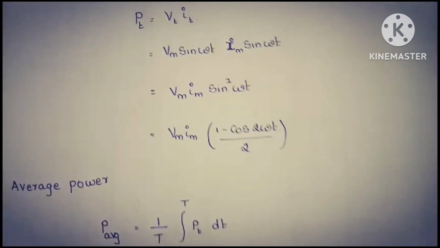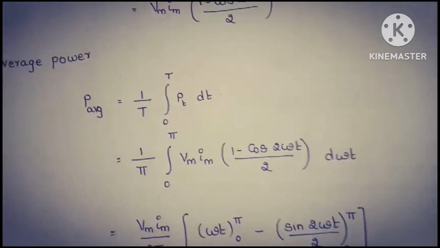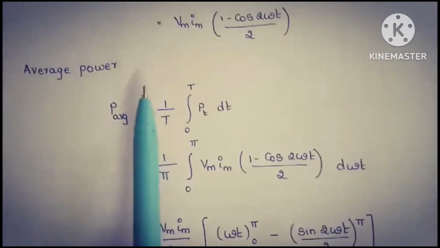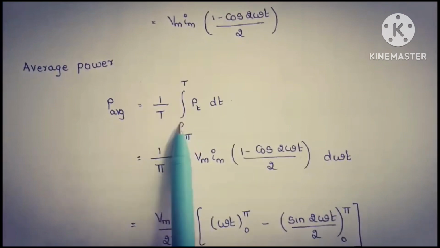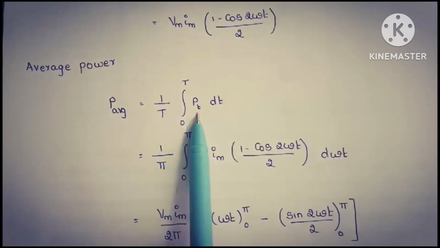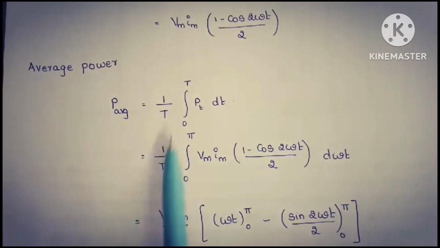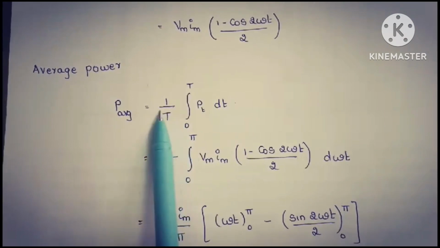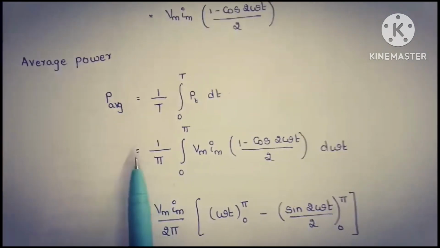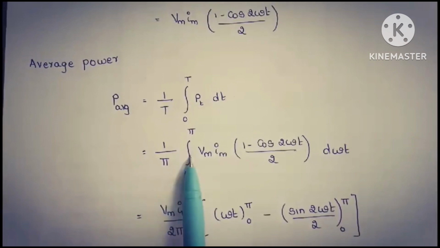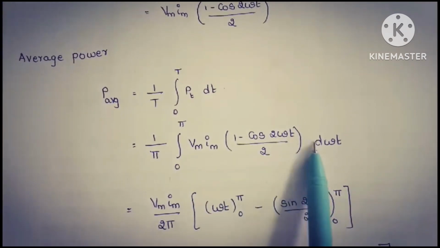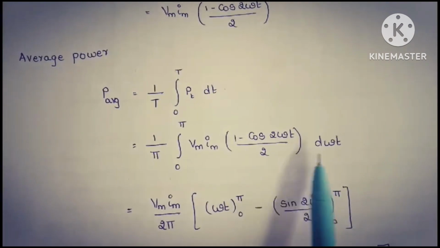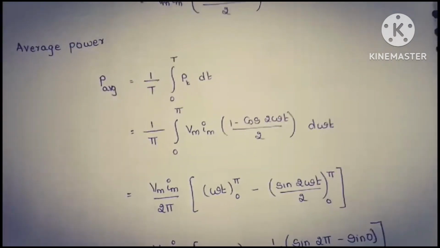When we want to calculate the average power, it is given as P average is equal to 1 by T integral 0 to T of pt into dt. Here the time period for an average value is taken as pi. Therefore, 1 by pi integral 0 to pi of Vm Im (1 minus cos 2 omega t) by 2 into d omega t.